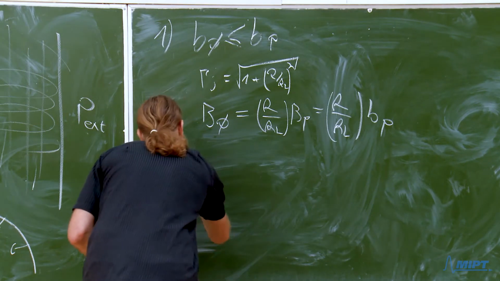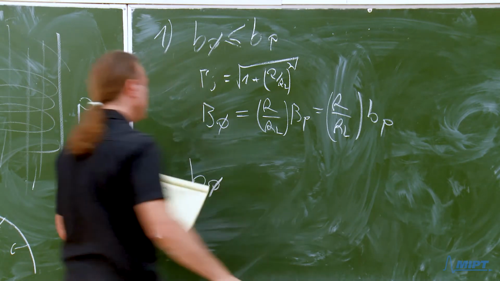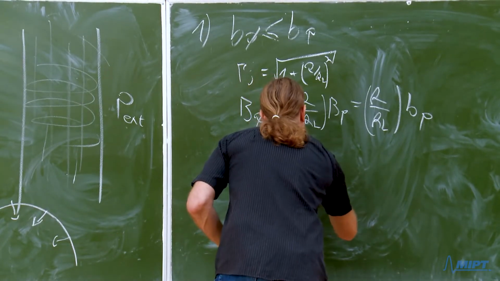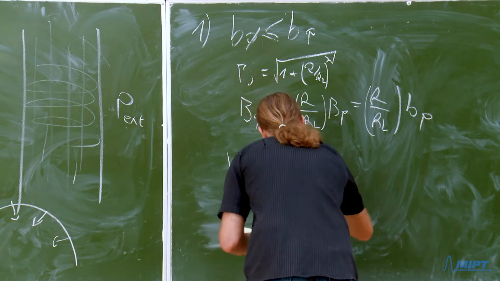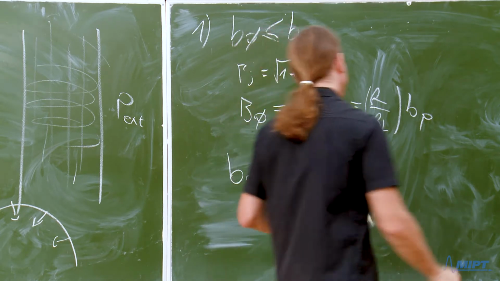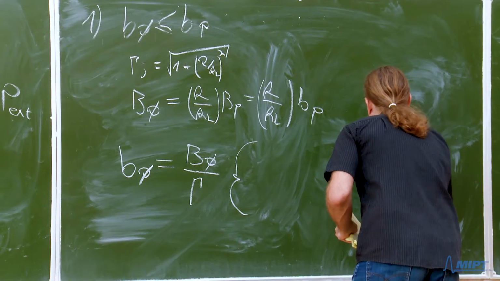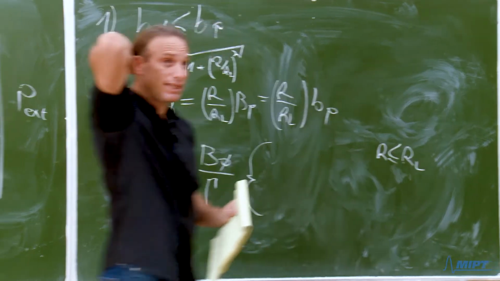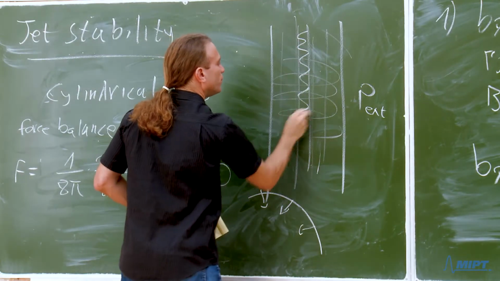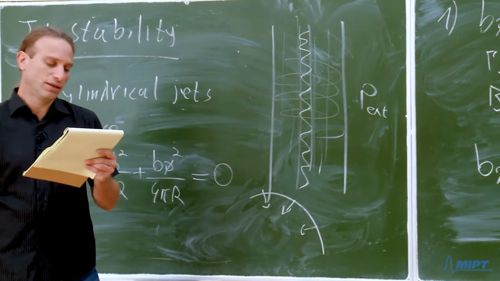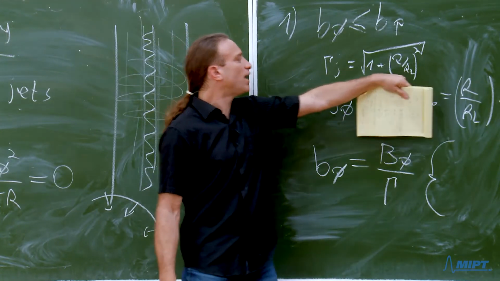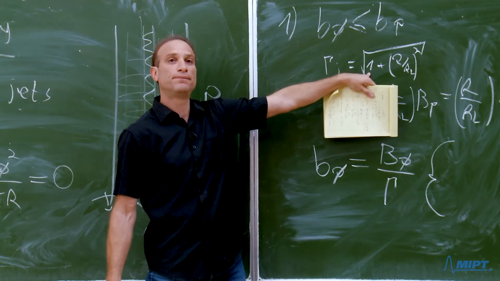So let's write what B phi is equal to in the rest frame. This is equal to B phi divided by gamma. And I have two regimes here. When r is smaller than rL, where I'm inside the light cylinder, very close to the axis over here, gamma is equal to 1.